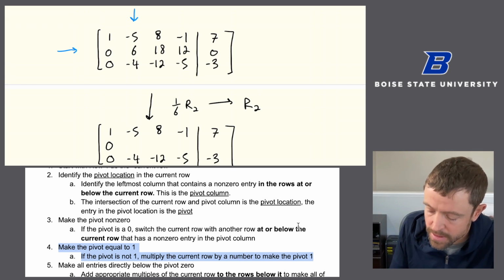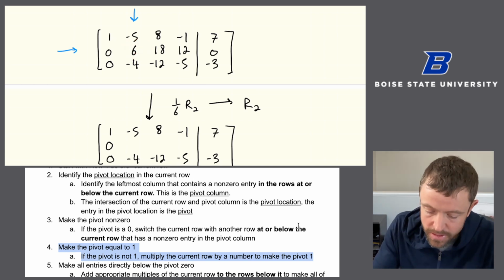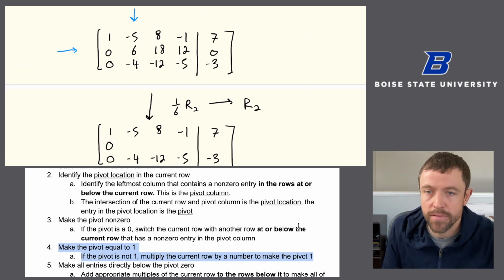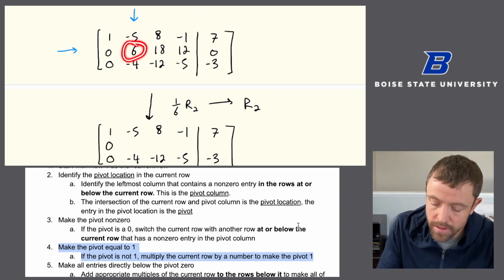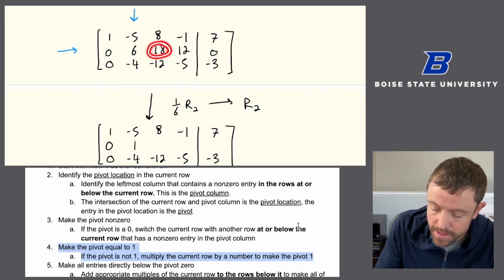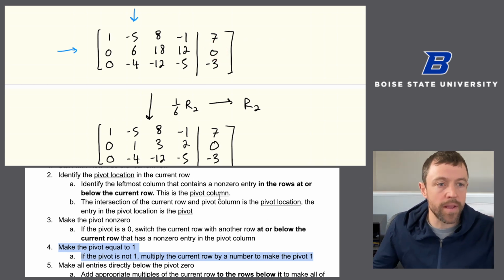I don't know why I said minus, because I want to turn this thing into a 1, not a negative 1. And so, all right, positive 1/6 times row 2. It doesn't actually change this, right? 0 times positive 1/6 is 0, and 6 times 1/6 is going to be 1. 18 times 1/6 is going to be 3. 12 times 1/6 is 2. And 0 times 1/6 is 0. So I made the pivot 1.